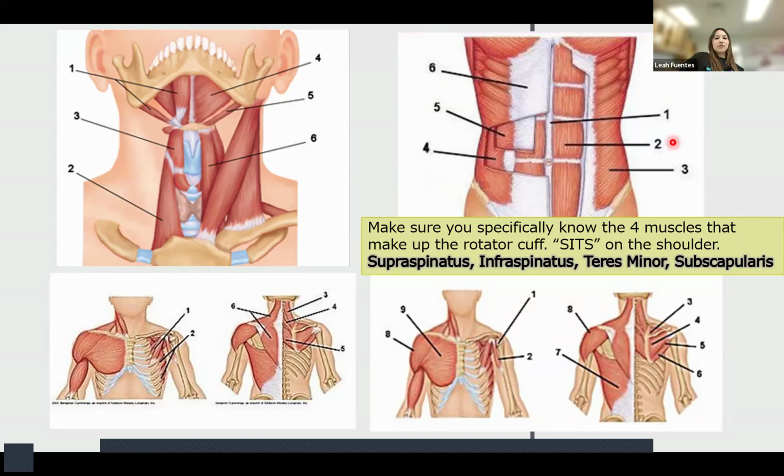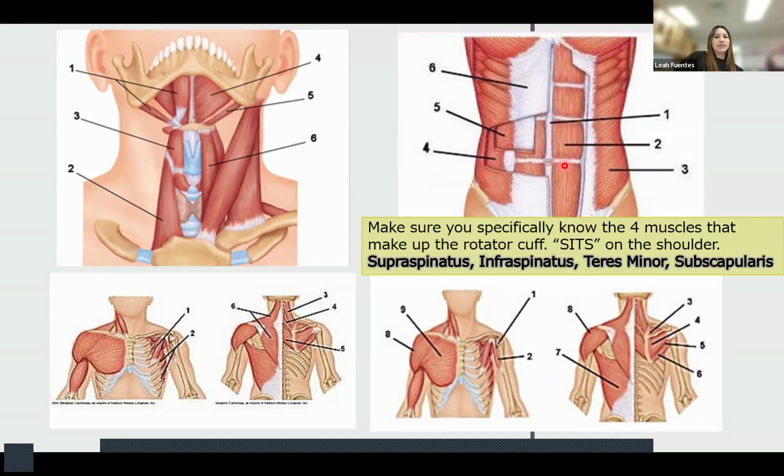Okay, and then we're going to move to our stomach area, our lower abdomen region. So let's see. Number 1, I think, is pretty easy. It's just this line right here. What is this? Linea alba, good. Number 2 is going to be the specific muscle here.